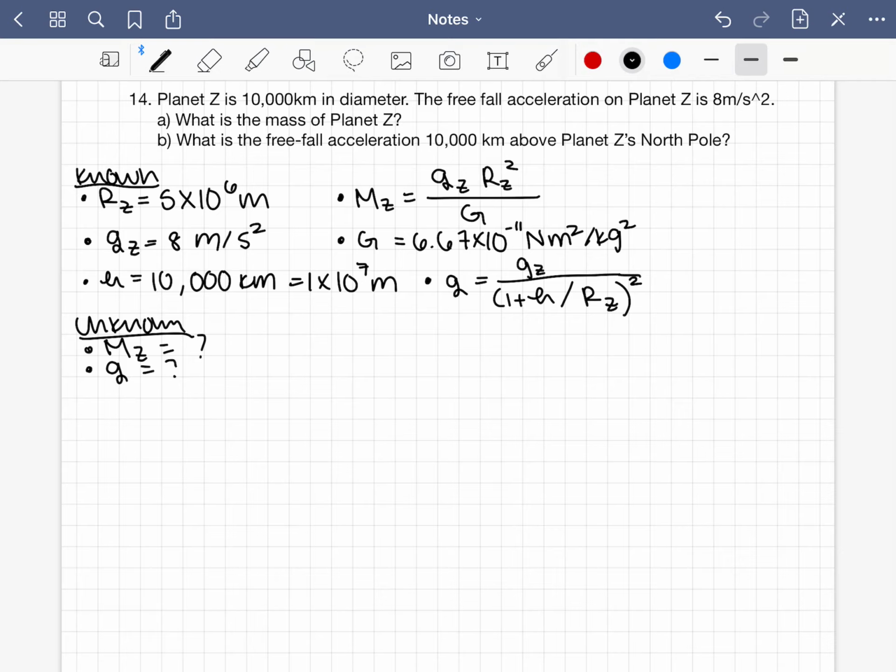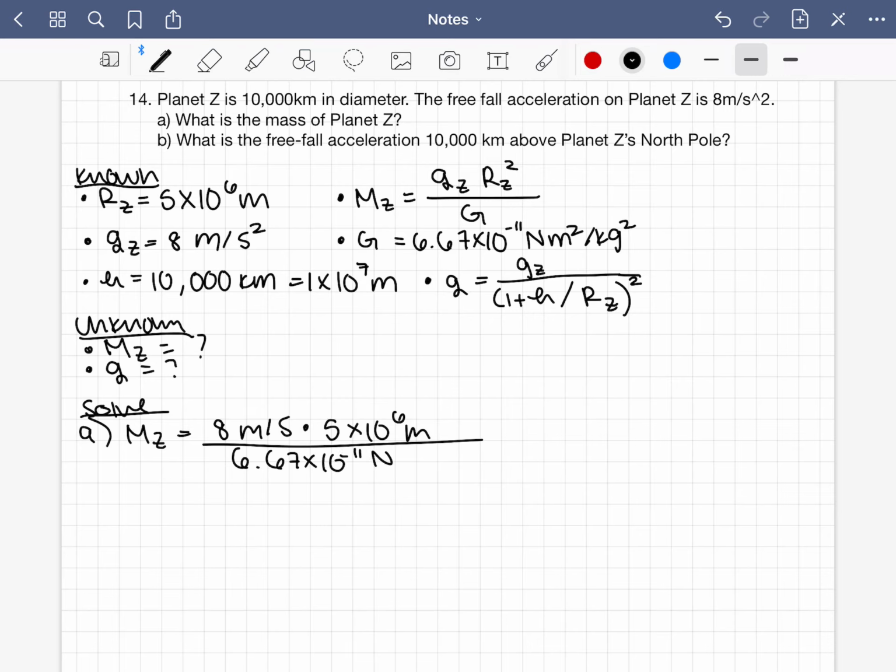Okay, and then to solve, for A, I'm going to plug in the value of little g, which is 8 meters per second squared, times the radius of the planet, which is 5 times 10 to the 6 meters, divided by big G, which is 6.67 times 10 to the negative 11 Newton meters squared divided by kilograms squared.